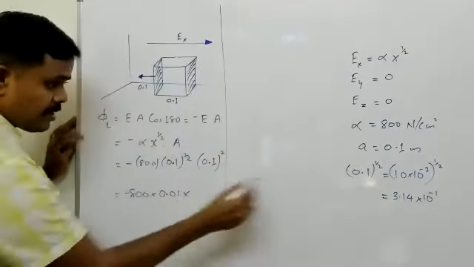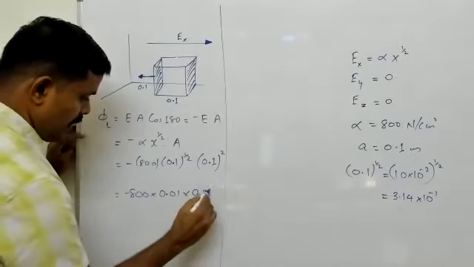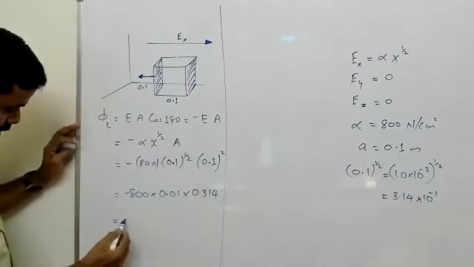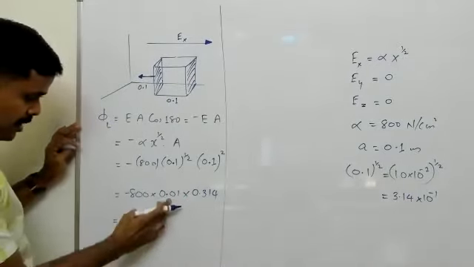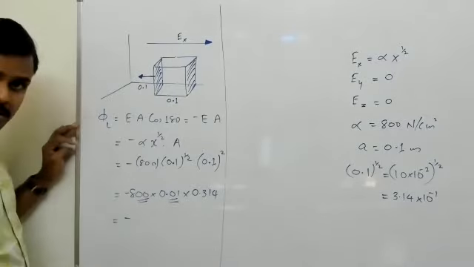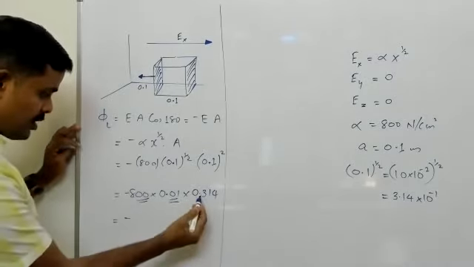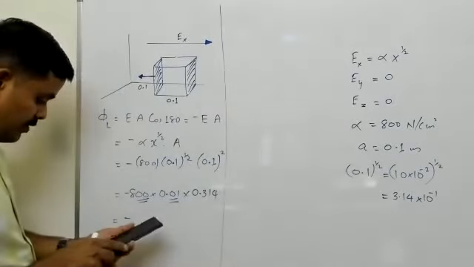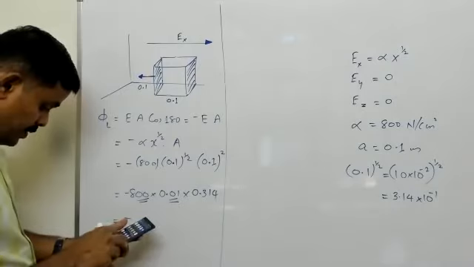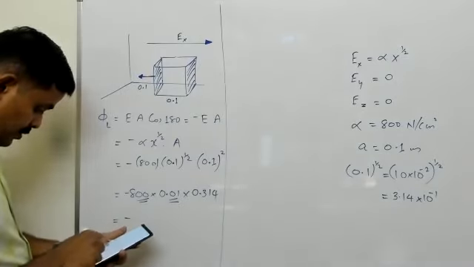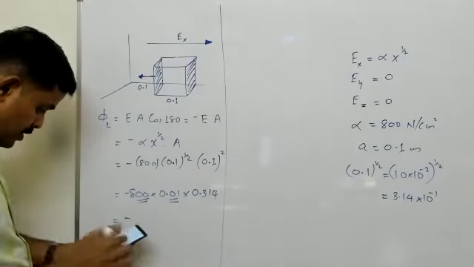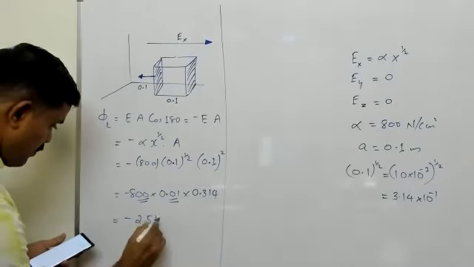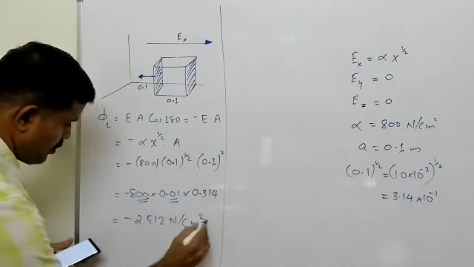So 0.314. When you multiply, the minus 2 places are gone with 2 zeros. You get 8 into 0.314. I'll calculate the rough value. 8 into 0.314 is 2.512 Newton per Coulomb into meter square.